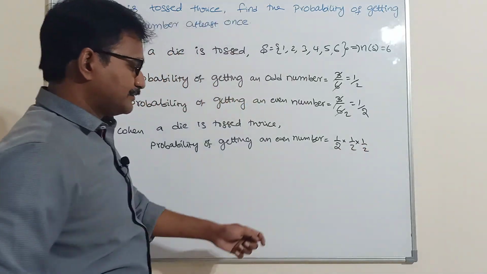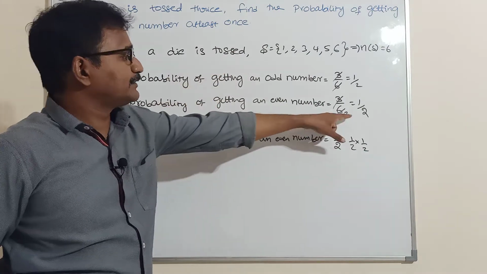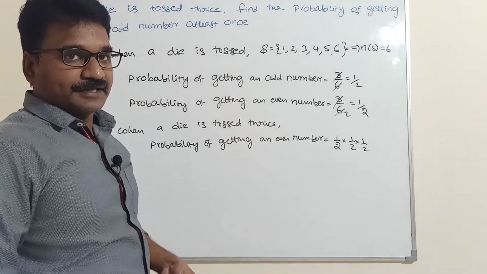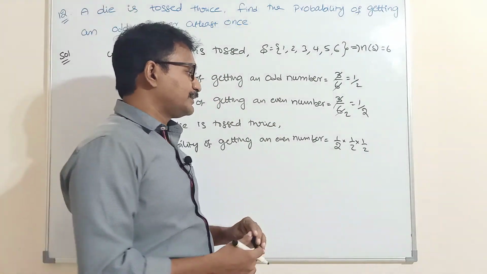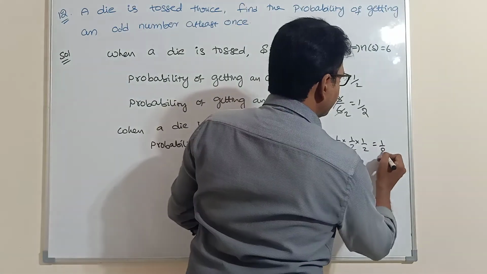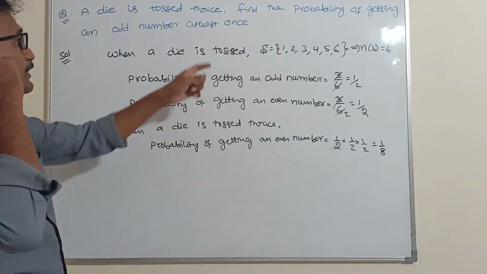So 3 times. First toss 1 by 2. Only one time means you will get 1 by 2. If you toss a die 3 times, then you will get 1 by 2 into 1 by 2 into 1 by 2. So 1 by 8. Here what we want?